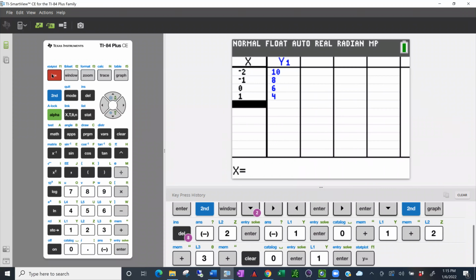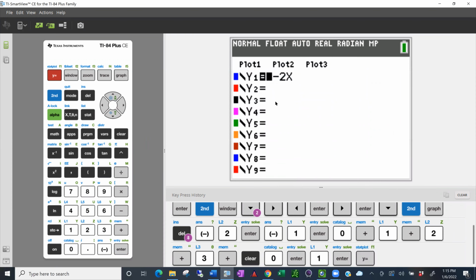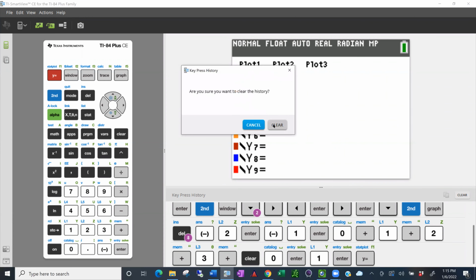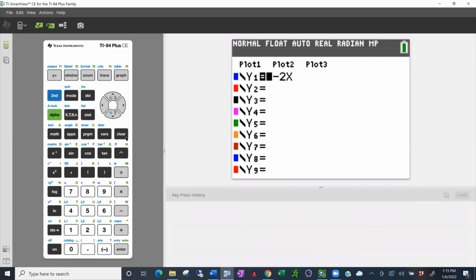So let's start by plugging in y equals 6 minus 2x into our graphing calculator. I'll just clear this stuff out. So to see that, it's 6 minus 2 and then x right there.